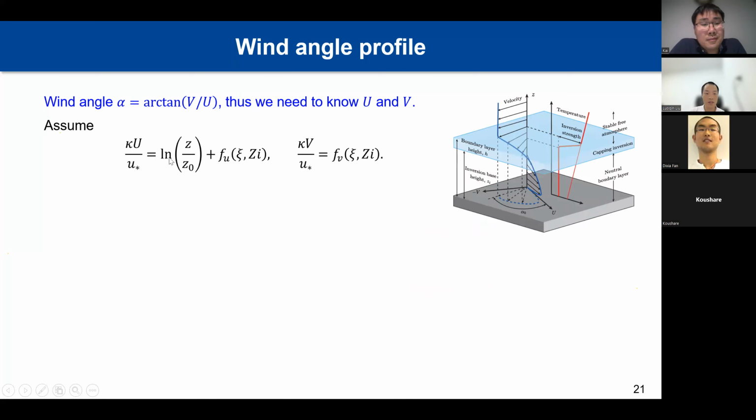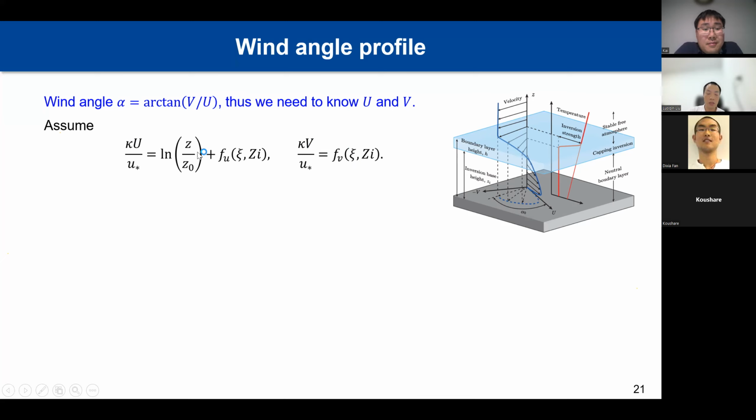We directly assume, based on our wind speed profile, the streamwise velocity U. When we're talking about U and V, we are in this coordinate. That means U is in this direction, such that the shear stress tau on the surface is parallel to the streamwise direction, and V is spanwise.